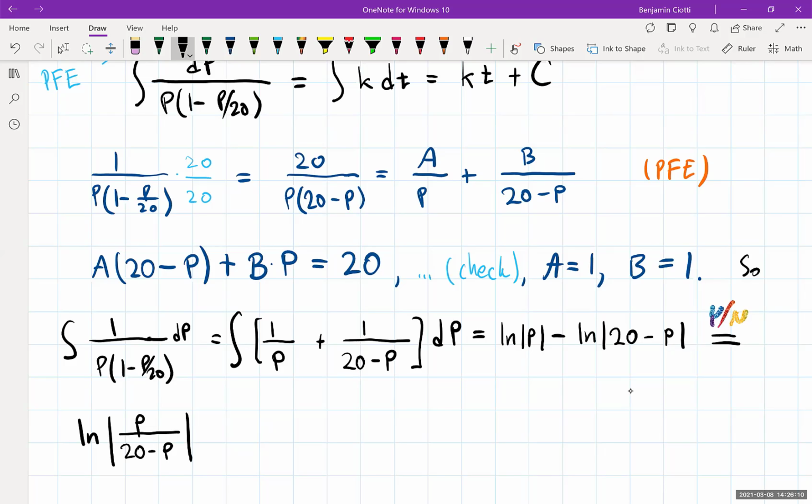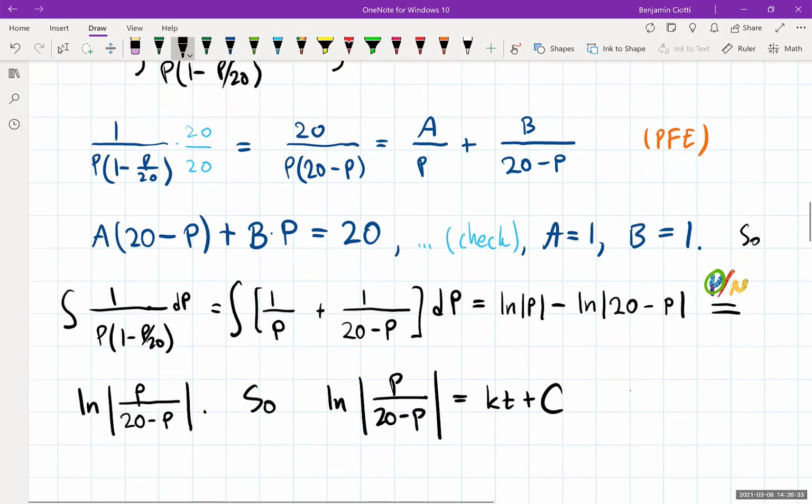Okay. Yes, most everyone is getting that. That yes is correct. Good. Okay. So what do we have? Remember, on the right-hand side, originally we had kt plus c. So ln of p over 20 minus p equals kt plus c. That's where we're at right now.